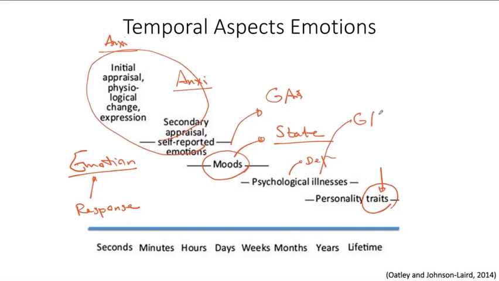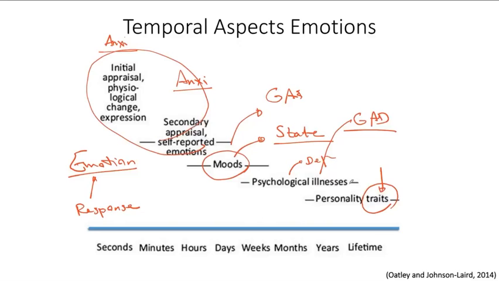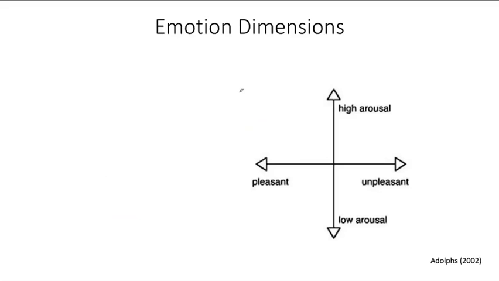And it could get to a level that we call generalized anxiety disorder, a disorder that is more expanded. And then there could be some specific neurotic traits that could extend through the entire life. So we can have a temporal dimension to what we are discussing.